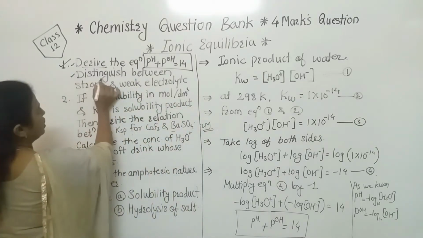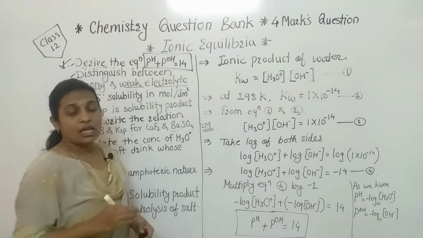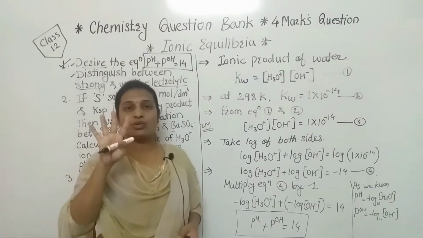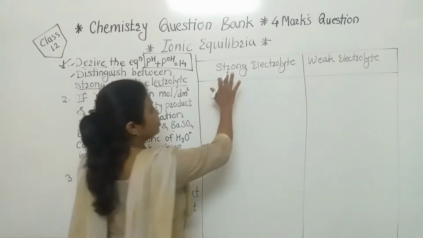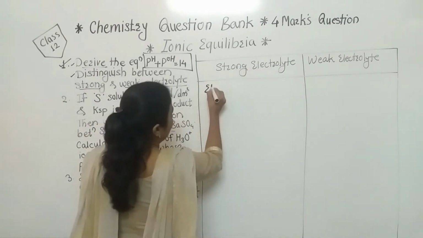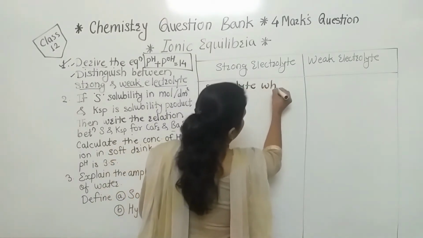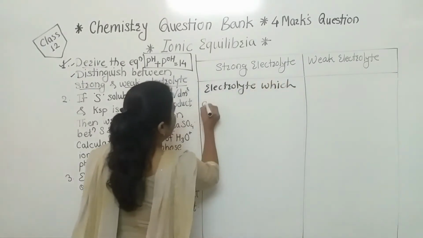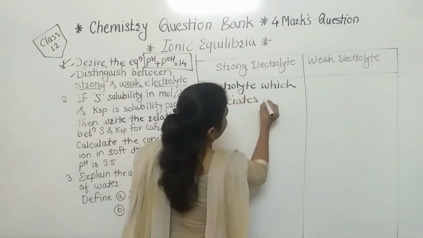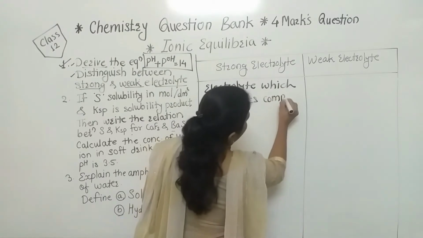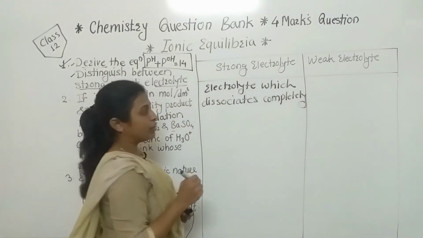Next 2 mark question is distinguish between strong and weak electrolyte. Here 2 marks are there, means we have to write 4 points. तो कौन से वो 4 points से? Firstly, strong electrolyte: the electrolyte which dissociates completely in its aqueous solution is called a strong electrolyte.